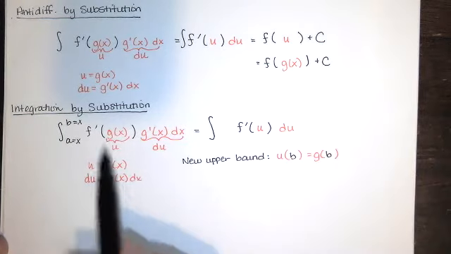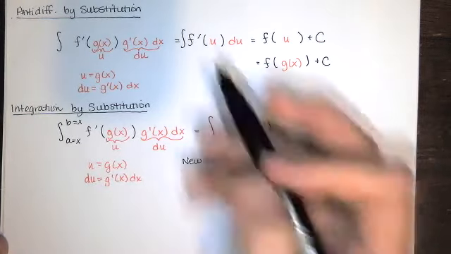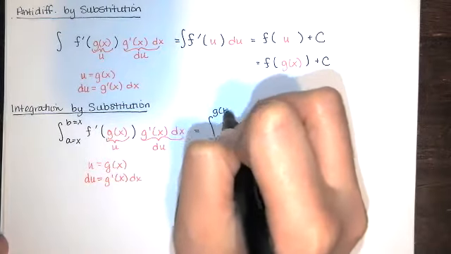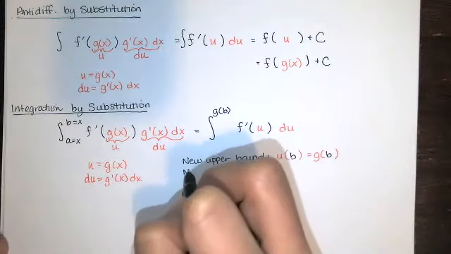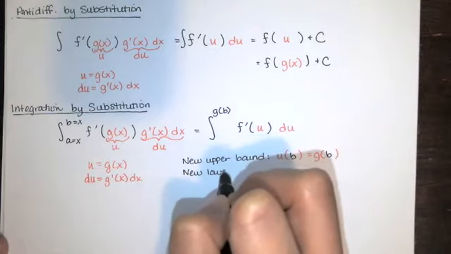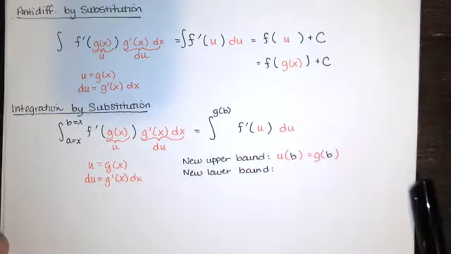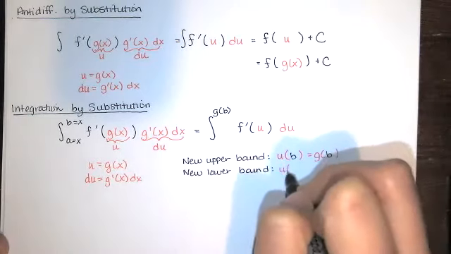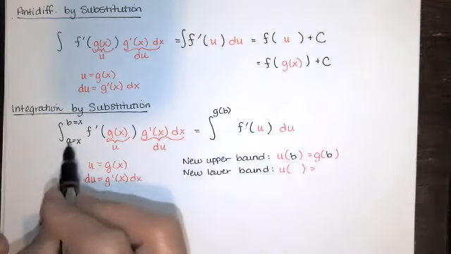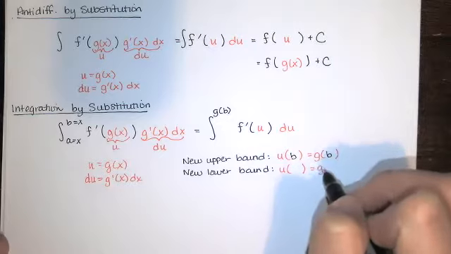So when x equals b, u equals g of b. That's my new upper bound. And then my new lower bound comes from replacing x with a in my formula for u.